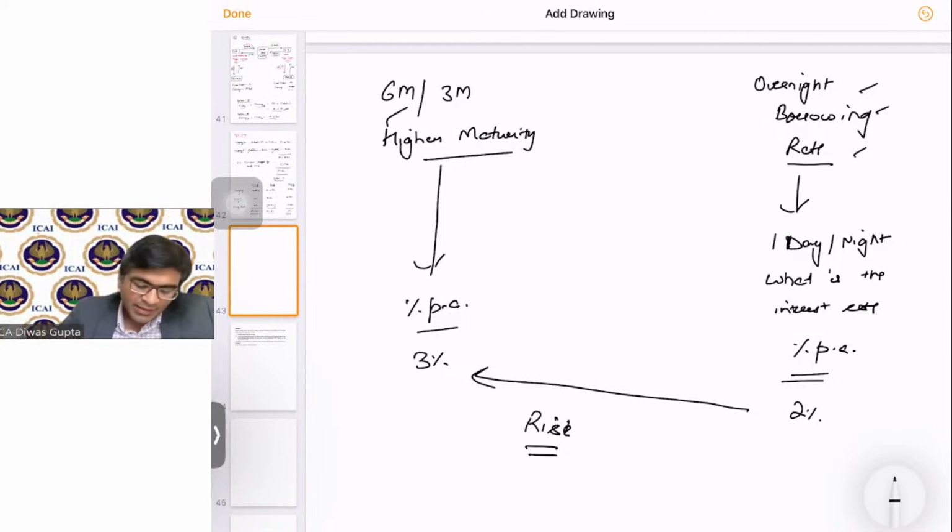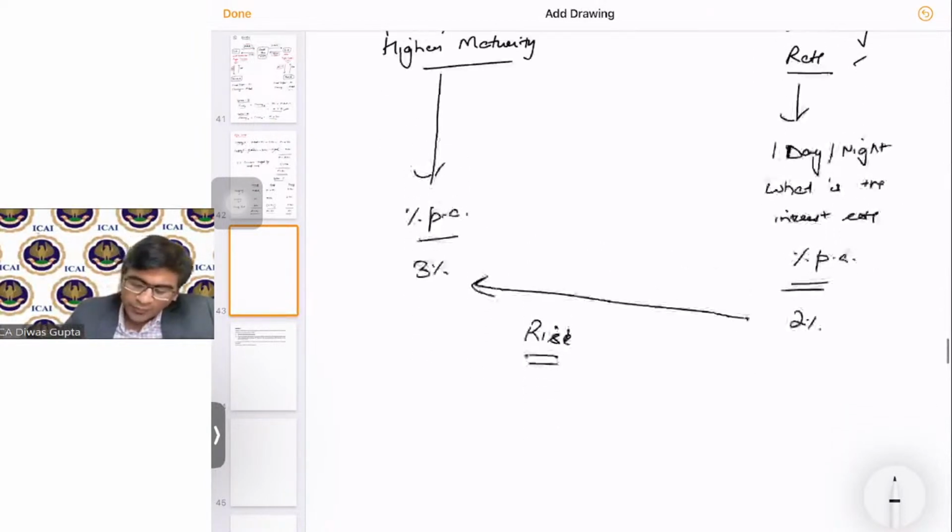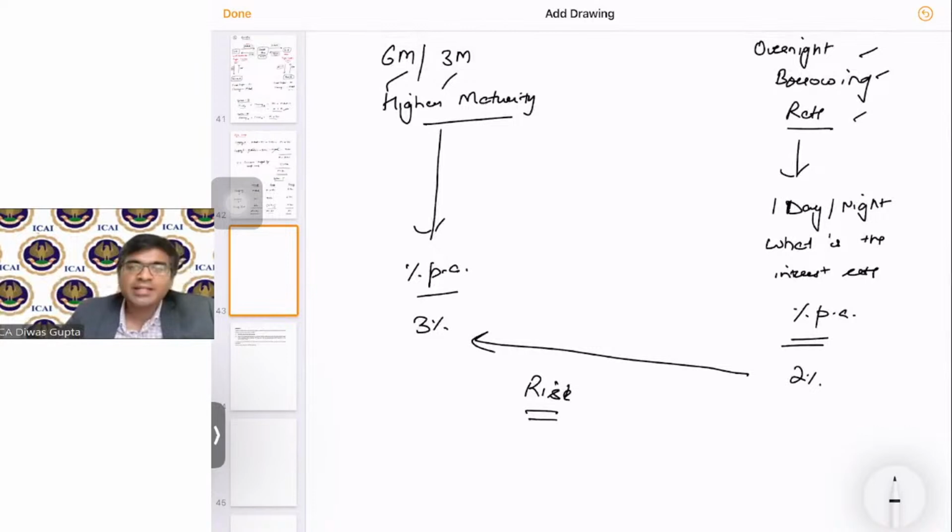But for 6 months and 3 months, because of the higher maturity, or even let's say 1 year, 2 year, there the risk is higher. Correct? Because there are chances that the company's performance might slip into the worst case, and hence the amount may not come back. So the experts always see this overnight borrowing rate as the riskless rate. Okay, as the riskless rate.